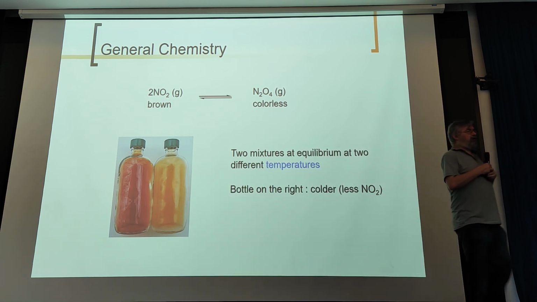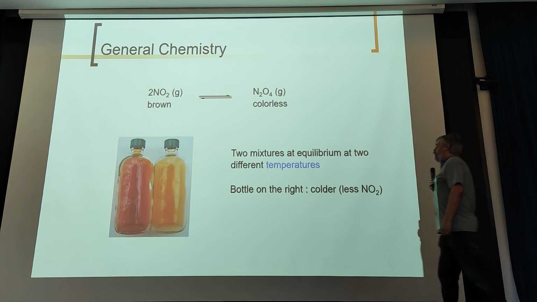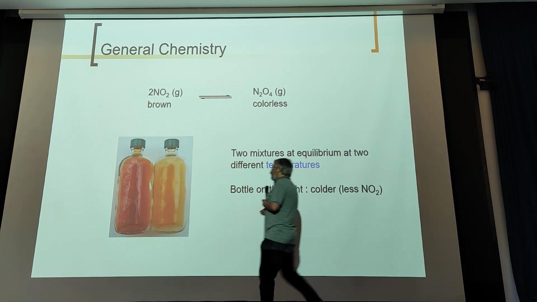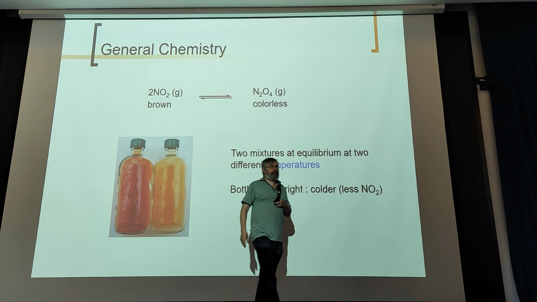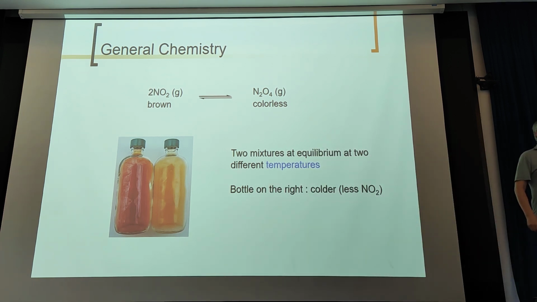So it means this bottle contains less NO2 than N2O4. And what is the difference between these two bottles? It's just a different temperature. So we also can see that the equilibrium is influenced by the temperature, and we will come back to that later, how exactly this dependence works. The bottle here on the right is colder, and at the cold temperature we have more N2O4 than NO2.